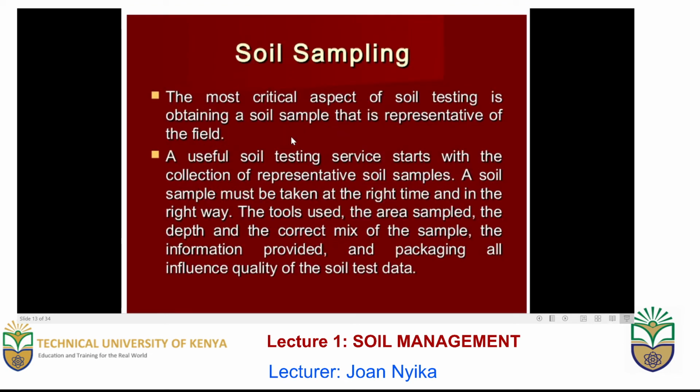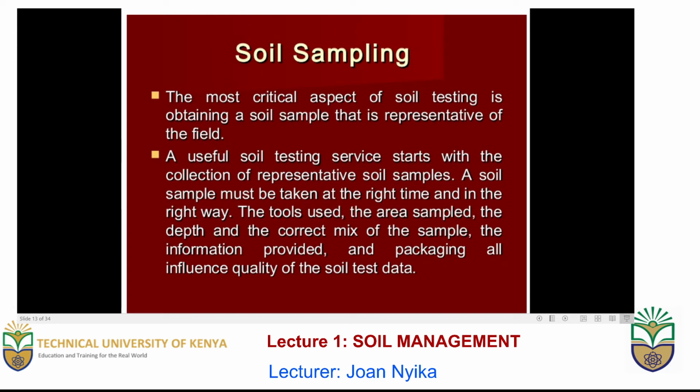Soil sampling. Soil sampling is the most critical step in soil testing because it needs to be representative of a given field or sampling area. That is, it needs to give a general, real picture of the status of soil in a given area.